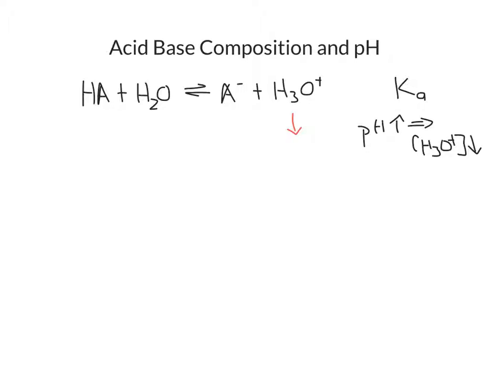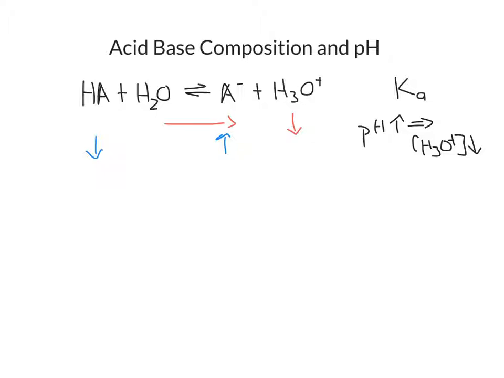Le Chatelier's principle tells me that I will need to make more H3O+ because I've removed H3O+ from solution, and so my reaction is going to shift in this direction, which means that the HA concentration is going to decrease and the A- concentration is going to increase.